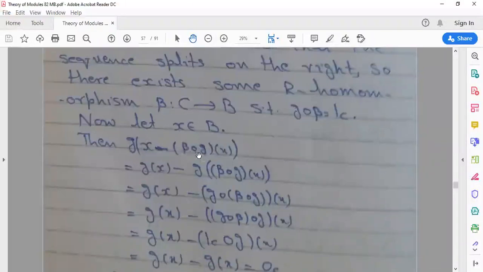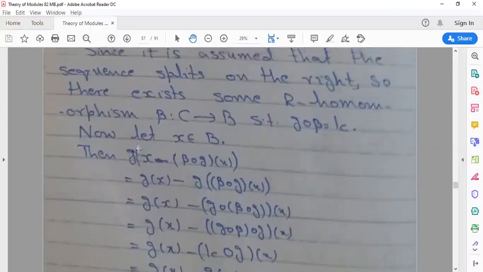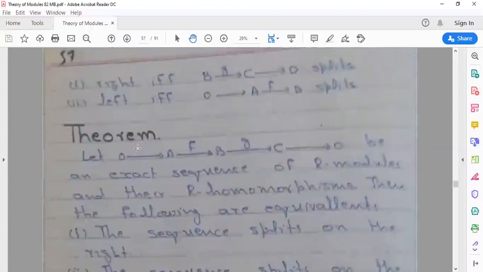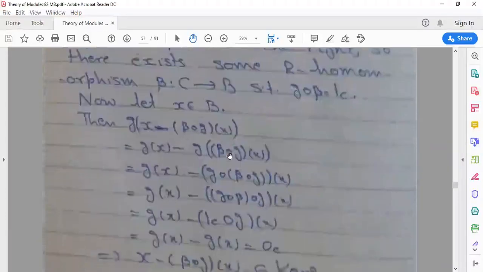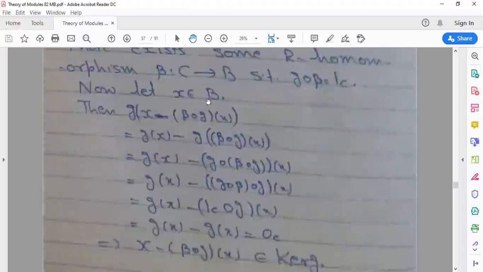So instead of identity, we write beta composition G. Basically, we are taking an element X belonging to B and assigning it to the function G. So we take X belonging to B and G of X minus X. We write X minus X because there is no element. But we can also write X is equal to 1 dot X. So instead of 1, we write G composition beta or beta composition G.